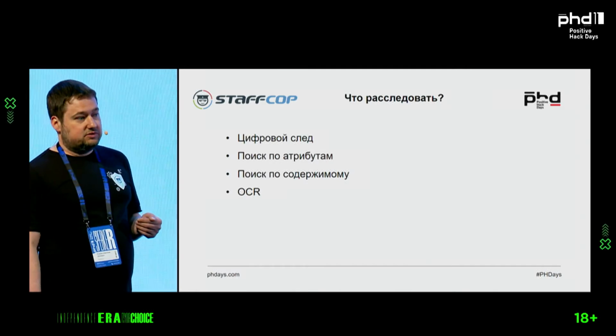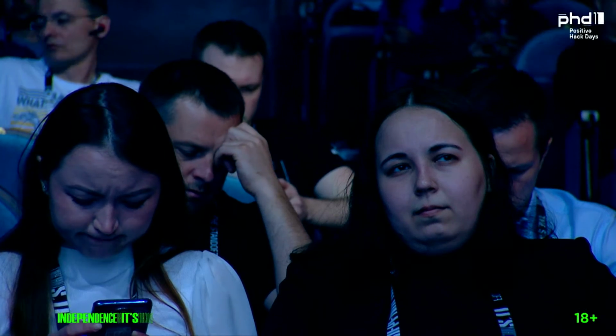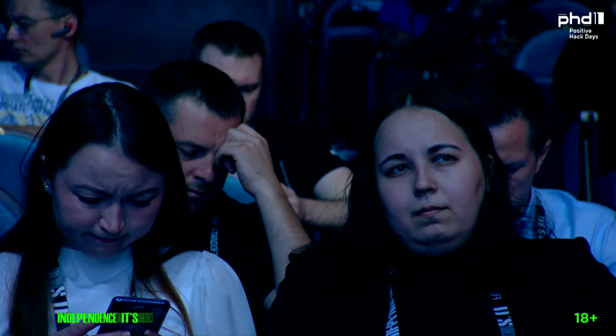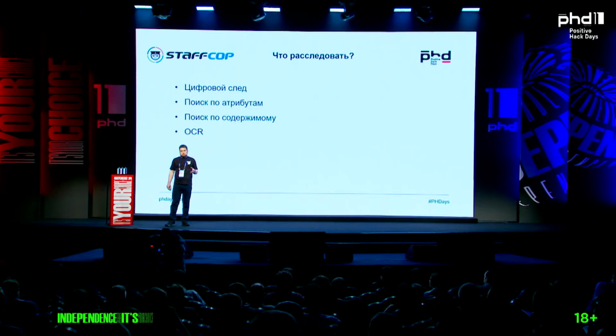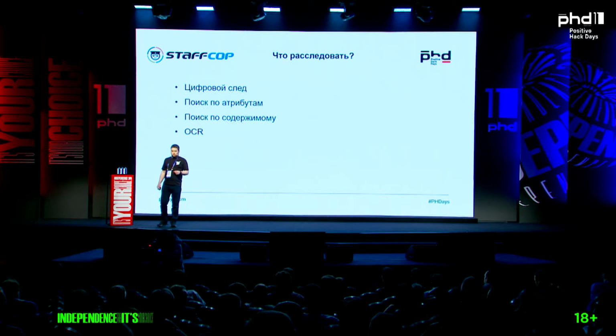Say images, we have OCR. When you get text out of the image, the technology is not new, but engines do change. And we have to patch our engine each time, and it works better and better.